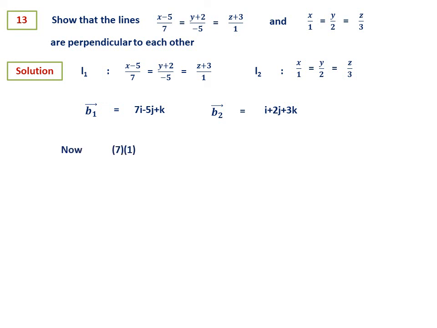So look here: 7 into 1 plus minus 5 into 2 plus 1 into 3. Simplify. So you get 7 minus 10 plus 3, which is 0. What does it imply? This implies the given lines are perpendicular. So this is the last question of this lesson.